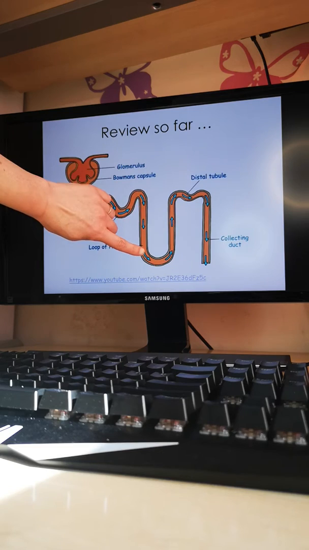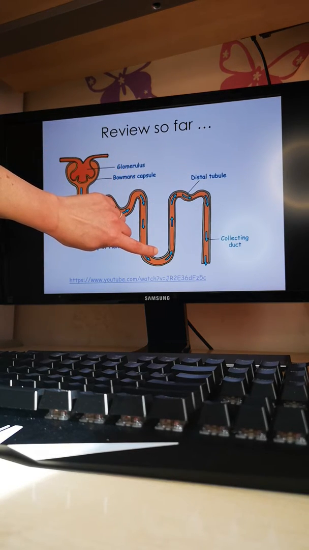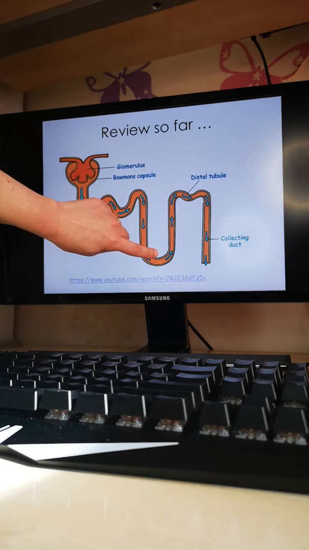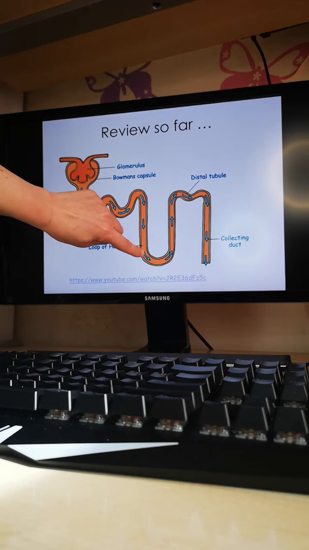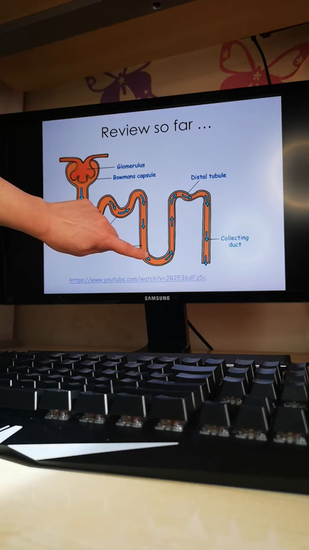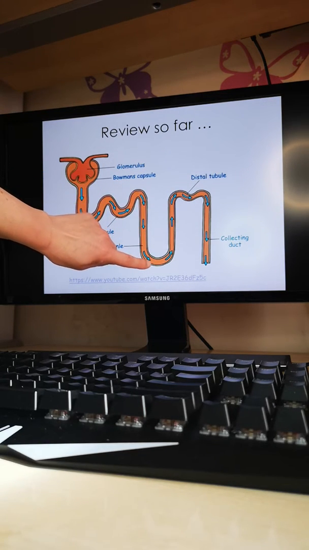This will mean that wherever in the medulla you are, the water potential in the medulla will be lower than the filtrate just next to it in the descending limb of the loop of Henle. So that means water is always drawn out by osmosis down the whole of that limb.